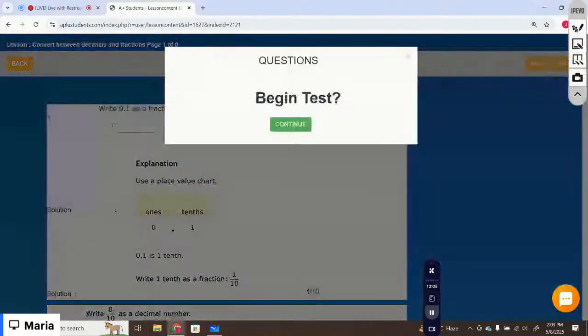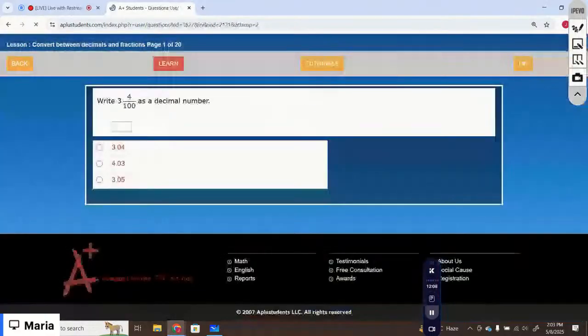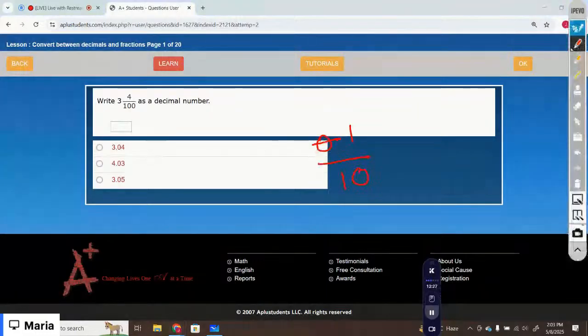Let's start with the test questions. Write 3 whole 4 over 100 as a decimal. So you have to do the opposite way. 3 is the whole number, right? 3 as it is. Now we have two zeros right below the 4.